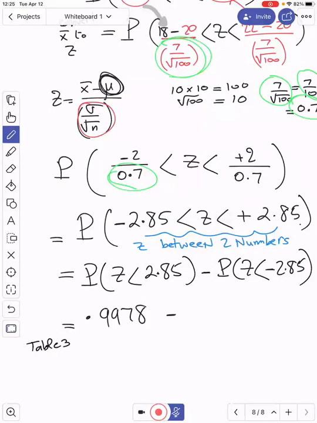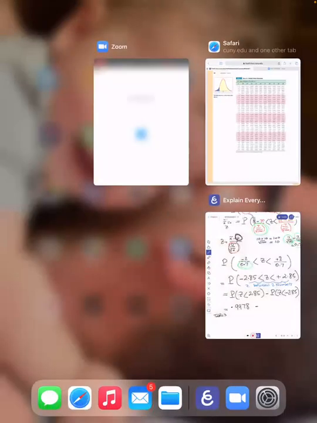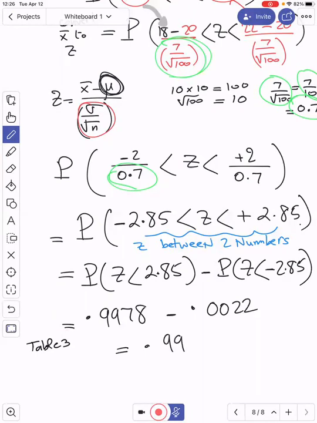Now for negative, you do the same thing. For negative 2.8 and 0.05, it's 0.0022. So minus 0.0022. So the answer is 0.9956. So in other words, that's 99.56%.